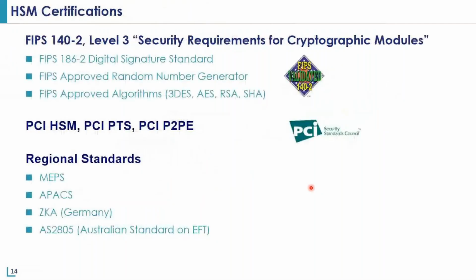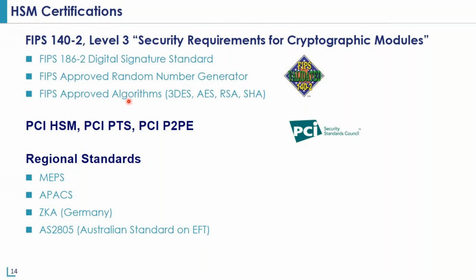If we talk about certification, your PayShield 10K is FIPS 140-2 level 3 certified. This is a certification which PayShield 10K has achieved. It has also achieved the FIPS 186-2 digital signature standard and a FIPS approved random number generator. So if you are generating your LMKs inside your PayShield 10K, they are very secure because of this approved random number generator.